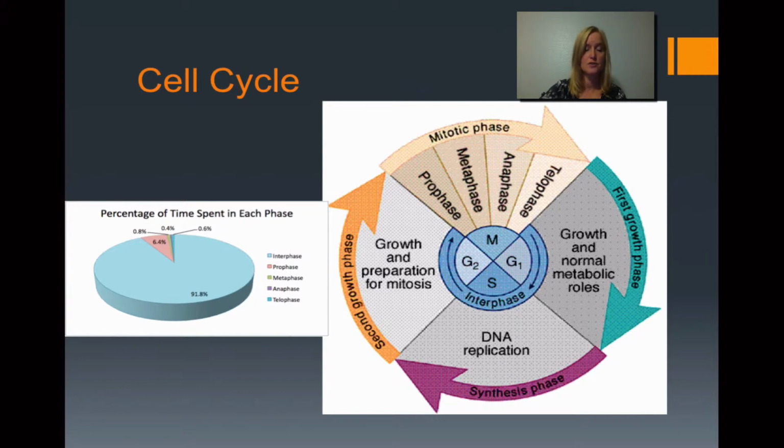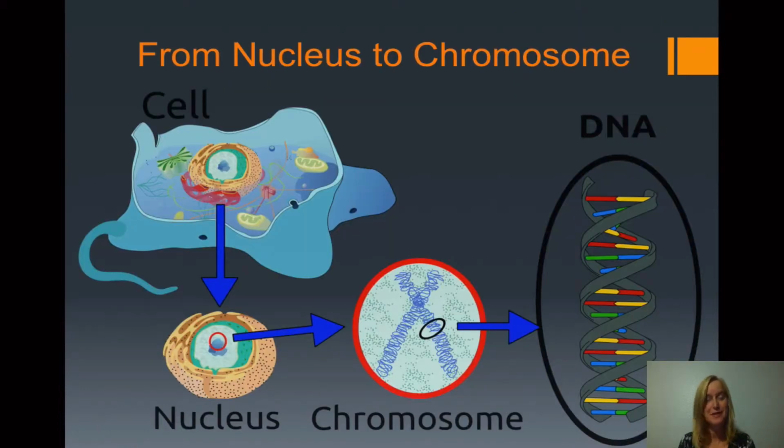So if you notice from the graphic here, it looks like for mitosis, it's only about 9% of the cell's life. Most of the cell's life is spent in interphase, but then about 9% of the cell's life is spent in mitosis.